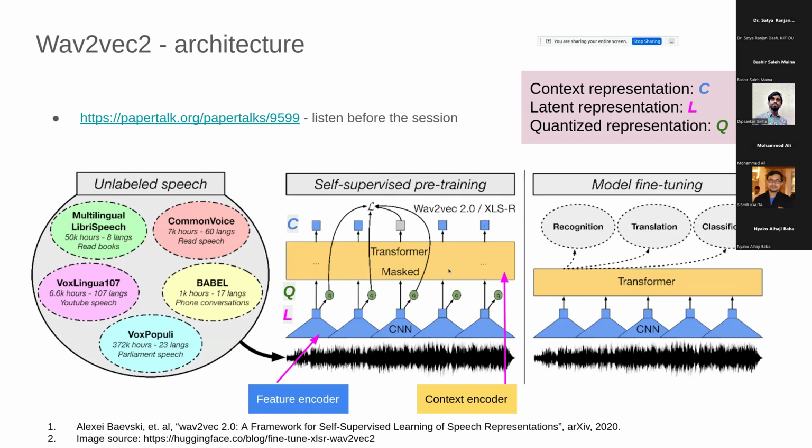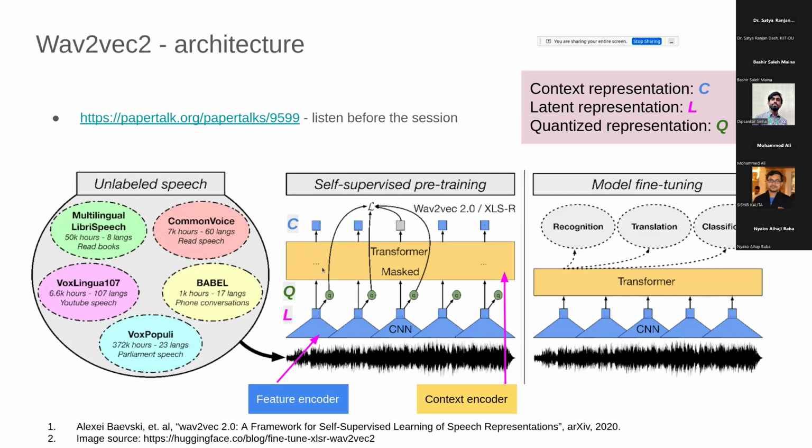Now for each CNN output, it passes through the transformer network, and it will learn something.